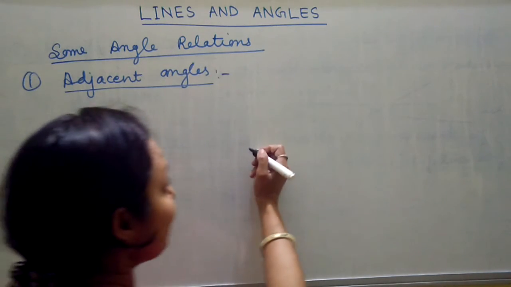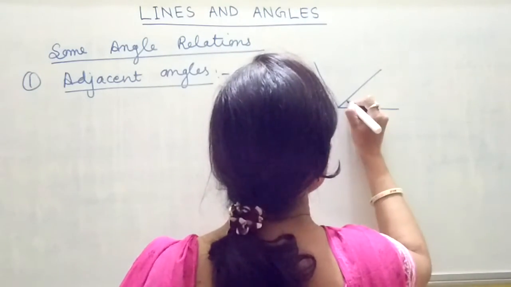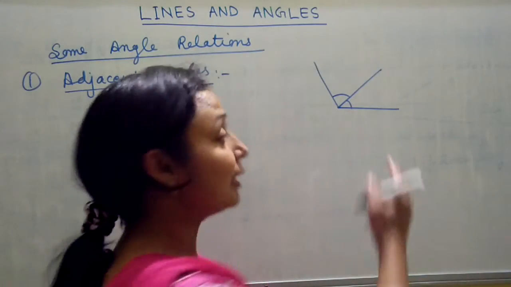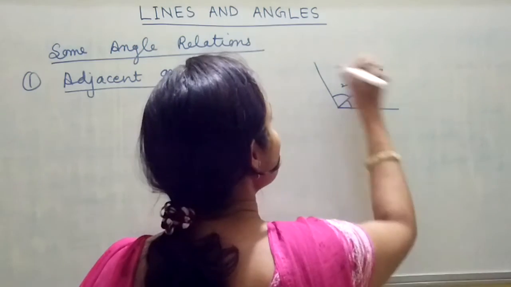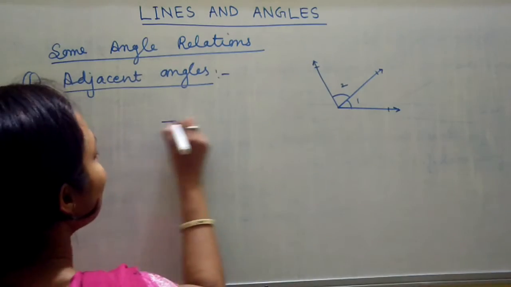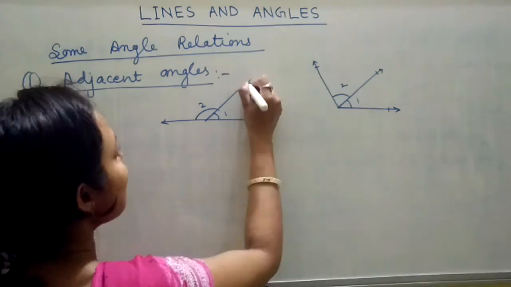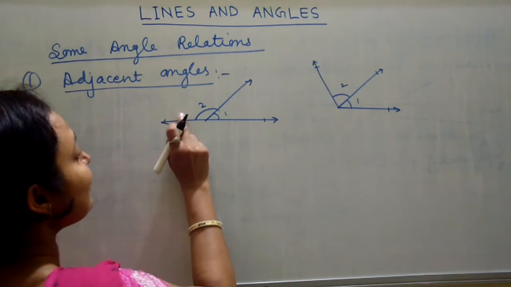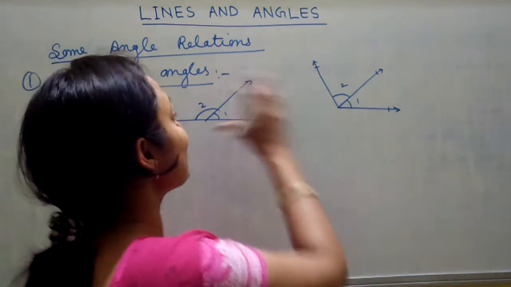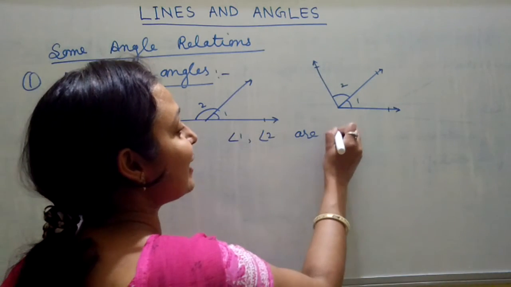For example, this is an angle, and this and this angle are adjacent. It is not certain whether both are equal or not. Angle 1 and angle 2, with these three rays, are known as adjacent angles. And if we have one line like this, and 1 and 2 on it, this is also known as adjacent angles. Another name is also given to this pair, but first of all these are adjacent angles.